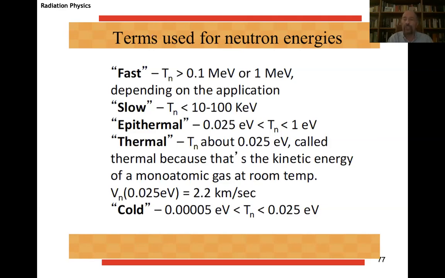Epithermal neutrons are those between 0.025 electron volt and 1 electron volt. Thermal neutrons are those in the order of 25 millielectron volt. 25 millielectron volt, as you know, is the kinetic energy of a monoenergetic gas at room temperature.